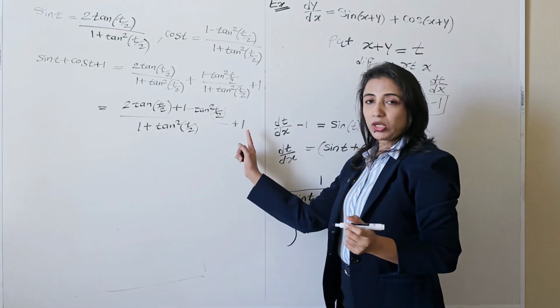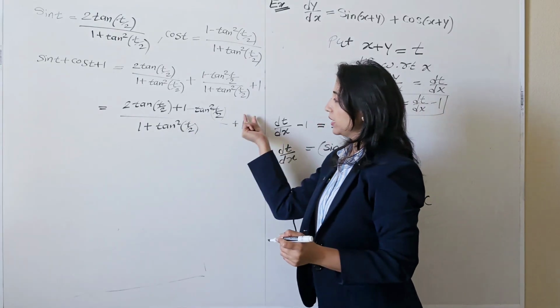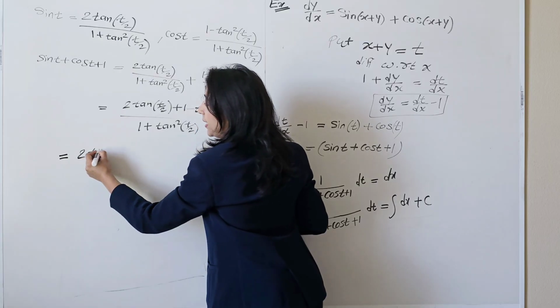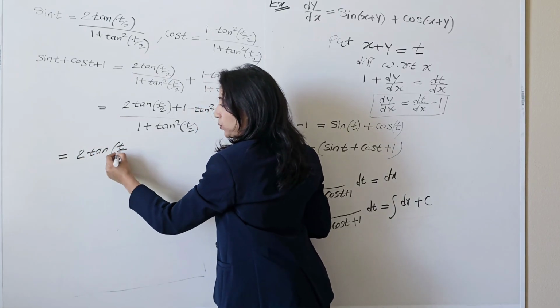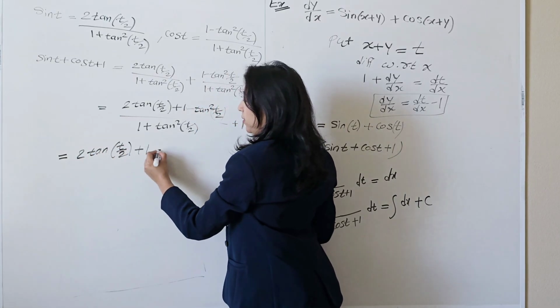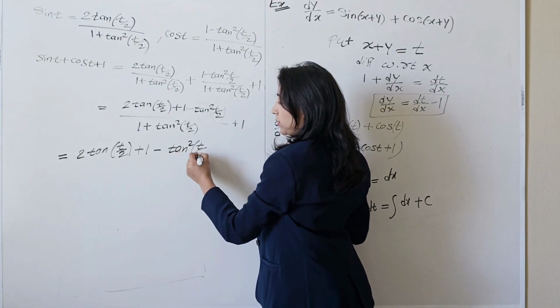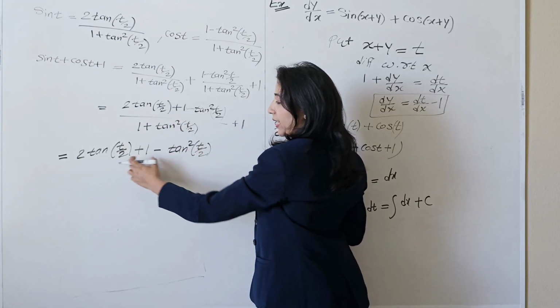Now cross multiply this term, so this term is multiplied by 1. So we will get 2 tan(t/2) plus 1 minus tan²(t/2). This term I am writing as it is.